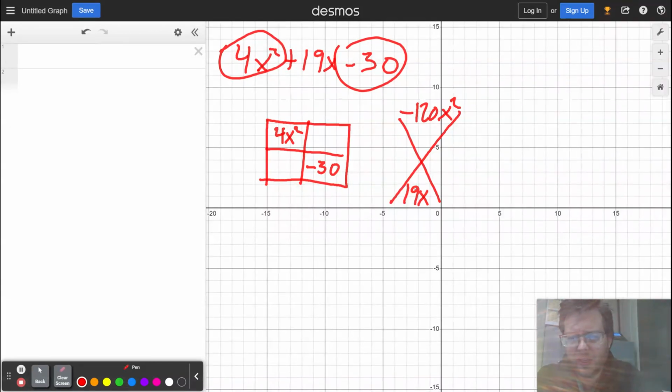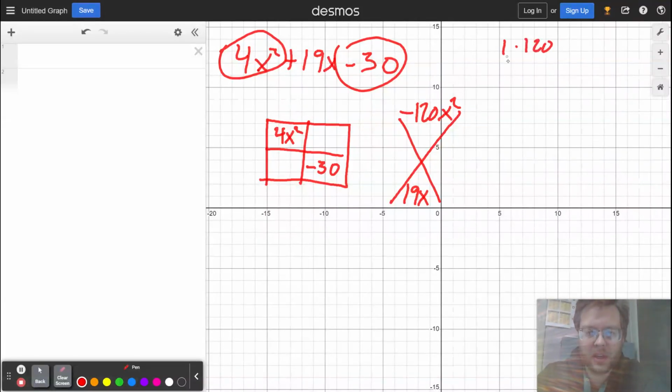Let's see, how can you get two numbers that multiply to make 120 and add to make 19? Okay, a little bit rusty on this. Let's think about 120.